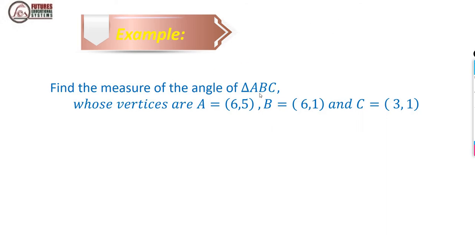Find the measure of the angles of triangle ABC, whose vertices are A (6, 5), B (6, 1), and C (3, 1). I want to get the measure of the angles between the vertices of the triangle.